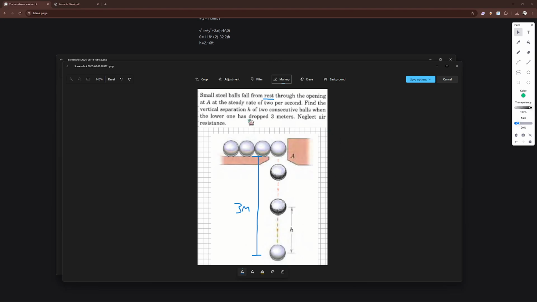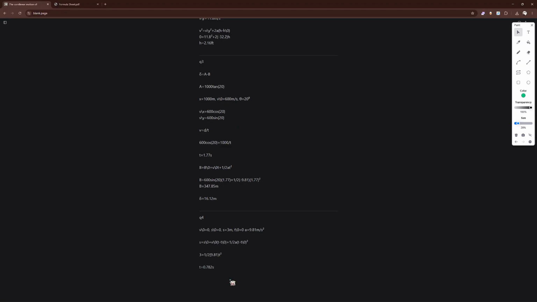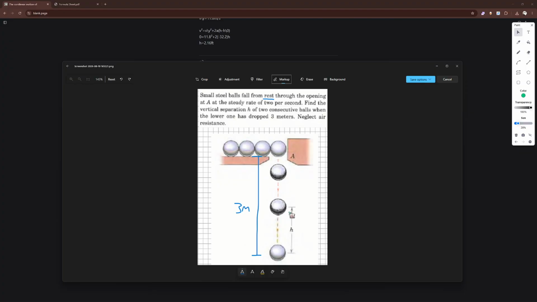There's a separation at a steady rate of 2 balls per second, right? If there's 2 balls per second, that's 1 ball every half a second, meaning that for this, you can see another ball has already dropped, right? Based on the picture, that means half a second has elapsed here.